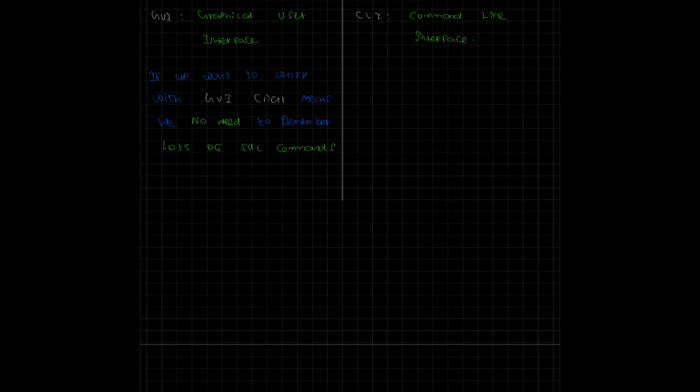Whereas if you want to work with a CLI client, we need to remember lots of SQL commands, since most of the time we will be working in the command prompt, so there won't be any suggestion list like in a GUI client.